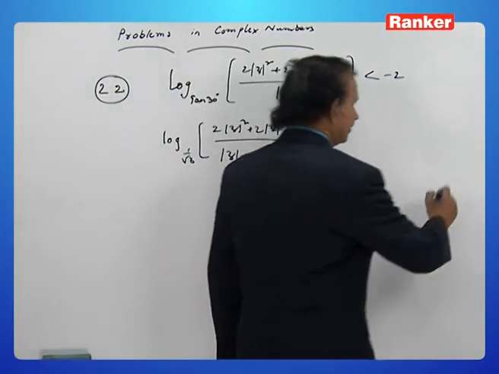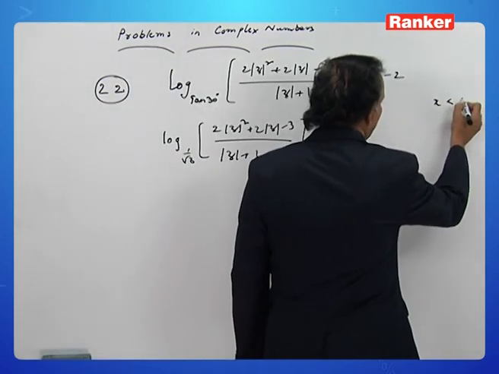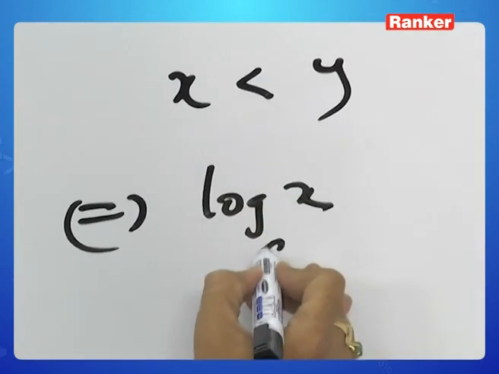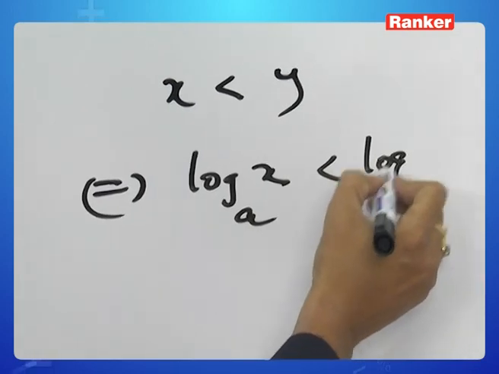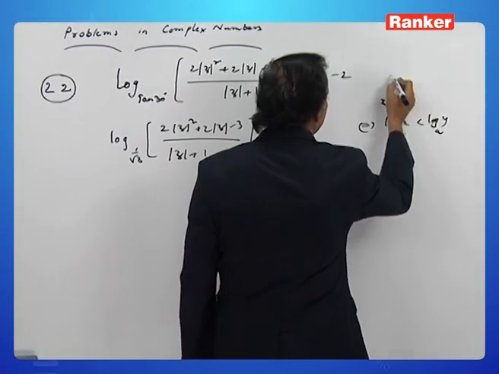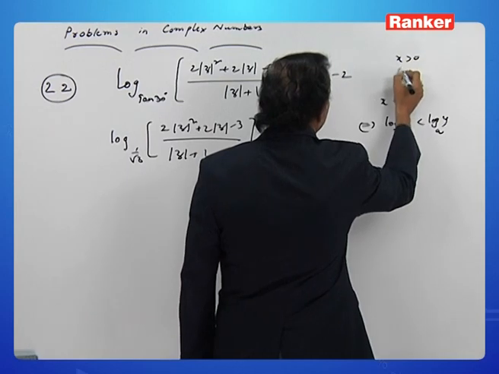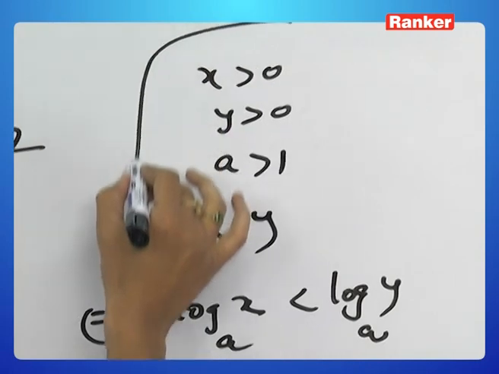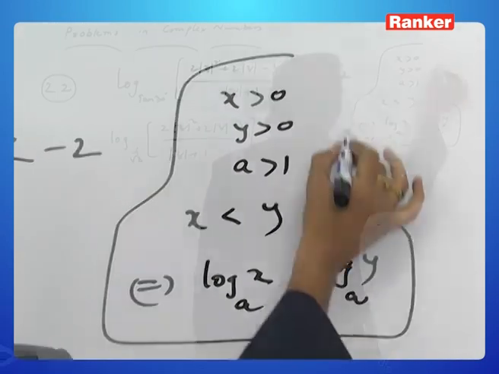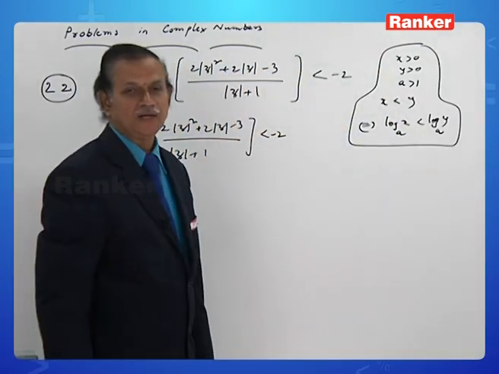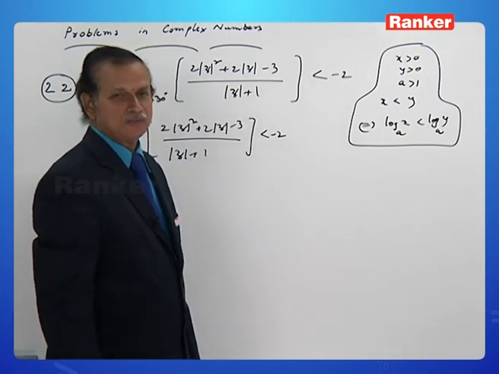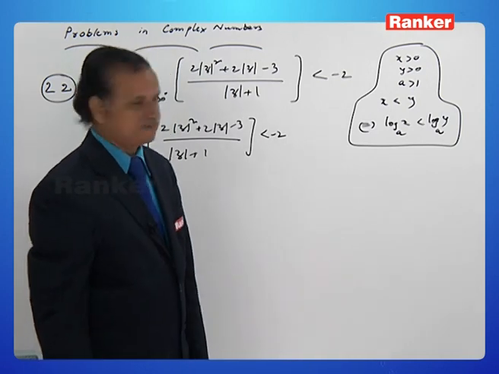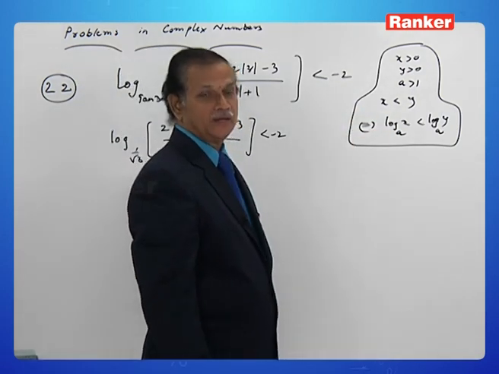What I mean to say is x less than y if and only if log x to the base a is less than log y to the base a, x greater than 0, y greater than 0, a greater than 1, whenever the base is greater than 1. Similarly, x is greater than y implies log x to the base a is greater than log y to the base a. Same inequality will be maintained.